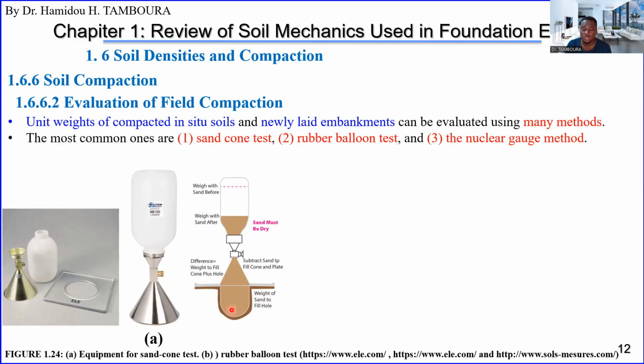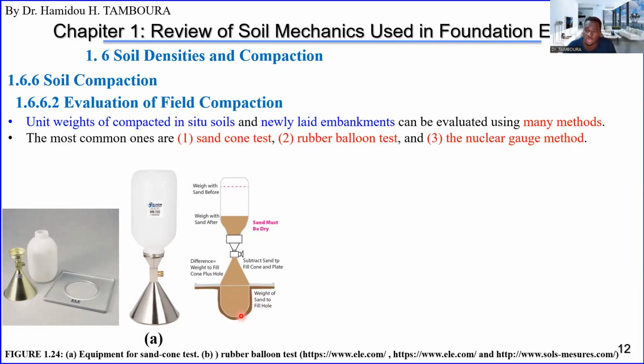Okay, it will give us the bulk unit weight, and then we can also obtain the dry unit weight by drying the soil from this hole. We dry it and weigh it again. Then the wet weight minus dry weight, you will obtain the weight of the water, right?